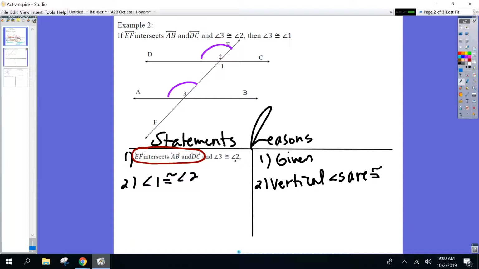Okay, ready? 3 is congruent to 2. 1 is congruent to 2. So can I take 1 and substitute it in for what? What's it congruent to? So can I just substitute 1 in down here for 2? And what do I get out of that? Okay.